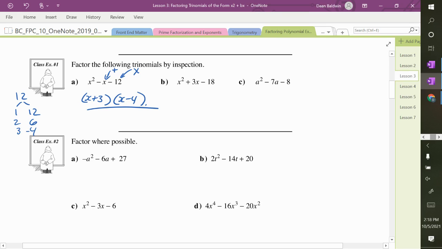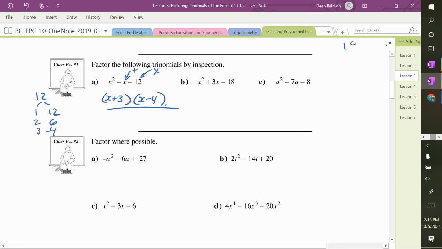What about B? What multiplies to negative 18 and adds to positive 3? All right, factors of 18. 1 and 18, does that work? 2 and 9, does that work? 3 and 6, does that work?